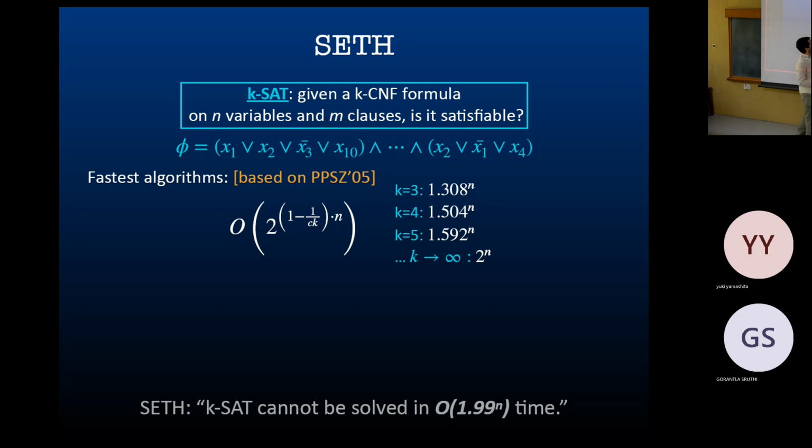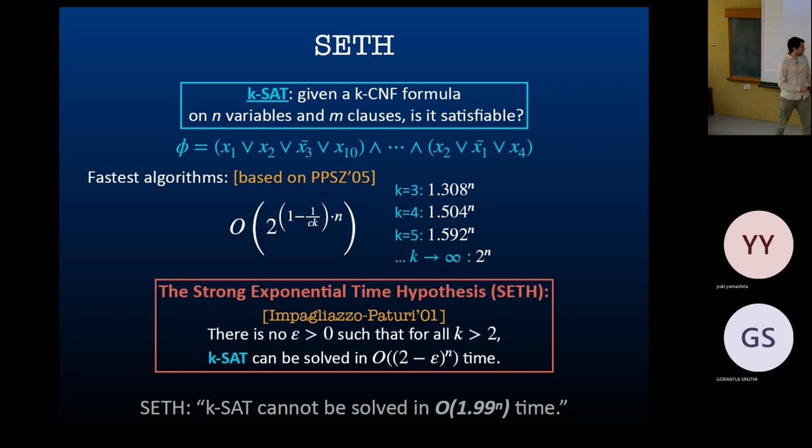But all of these algorithms have this kind of running time form. There's some constant c that has been improving over the years, but as k goes to infinity, the improvement diminishes and you get 2 to the n. The conjecture is that there is no epsilon such that you can solve k-SAT in 2 minus epsilon to the n for all k.